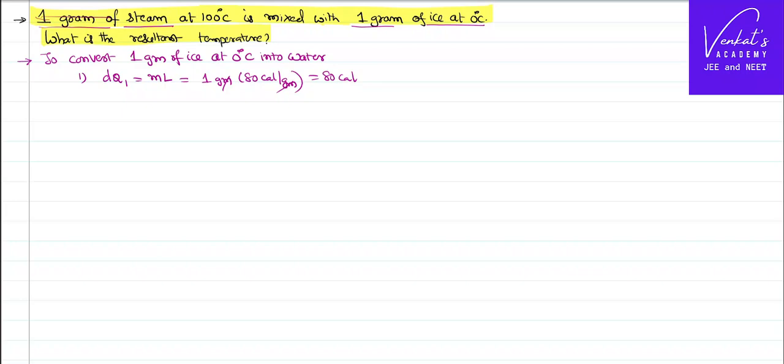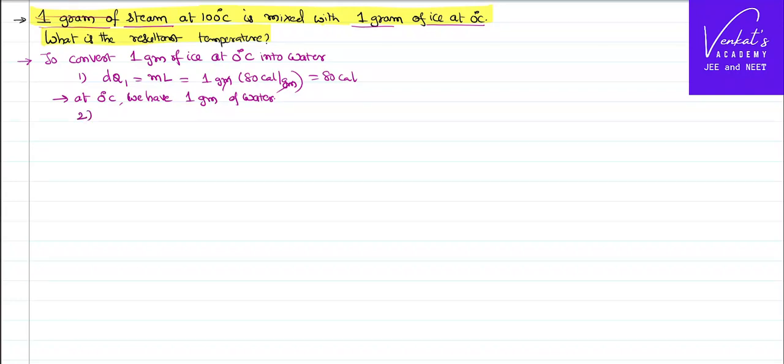So what happened after this step is at 0 degrees centigrade we have 1 gram of water. Say at the best this water can convert into steam, right? For that water to convert into steam, first of all, it has to raise its temperature from 0 to 100 degrees centigrade.